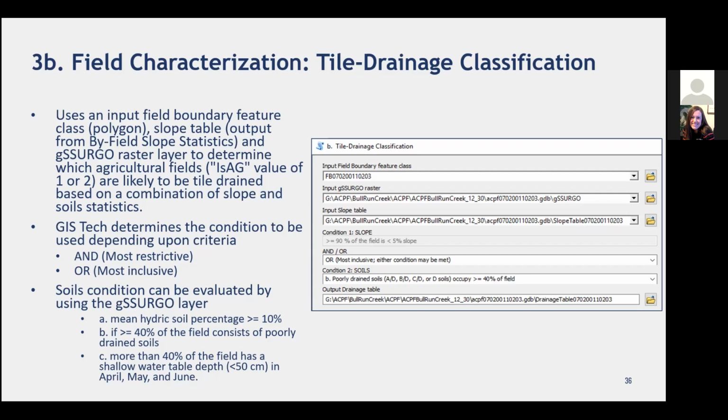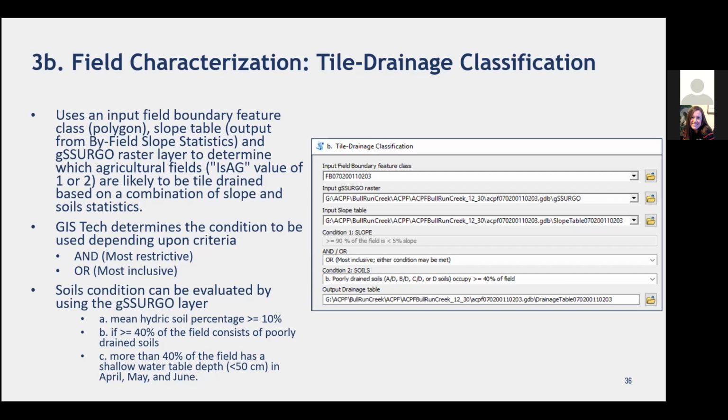For sure, there's one condition that is needed, which is greater than or equal to 90% of the field is less than 5% slope. And then you can be as restrictive or inclusive as you would like. So you would choose "and" or "or". If you use "and", the field has to meet both; otherwise it's one or the other.